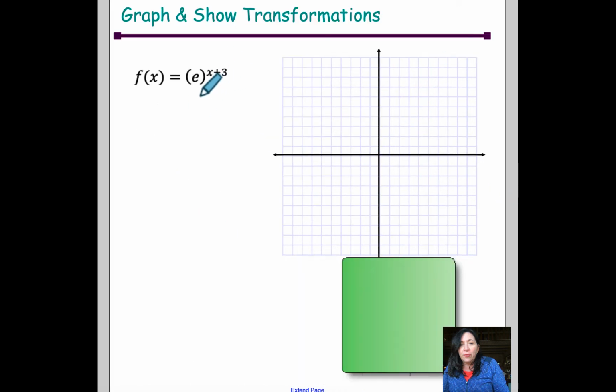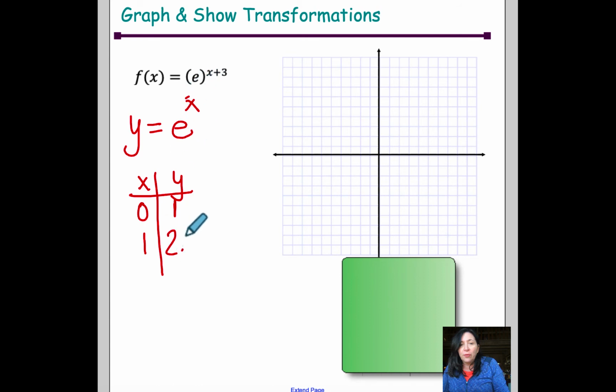For this problem, this is e to the x plus 3, also exponential. What's the parent function? The parent function is y equals e to the x power. If you plot values for x and y, you get 0 and 1, since e to the 0 power is 1, and 1 and 2.718, since e to the 1 power is 2.718.